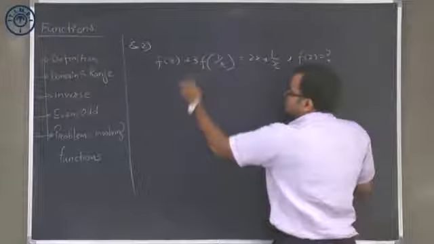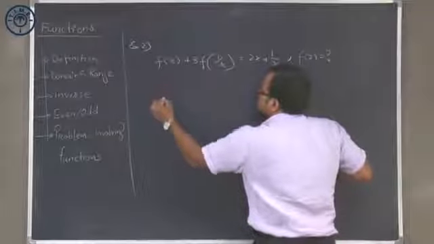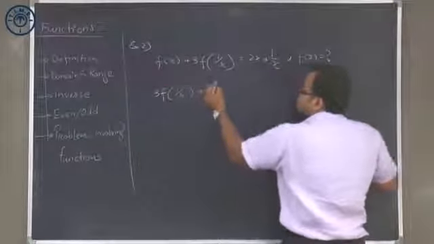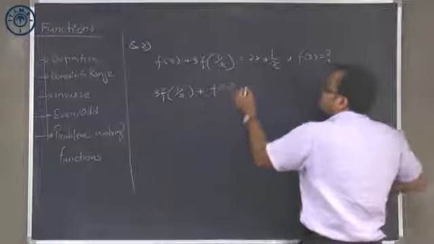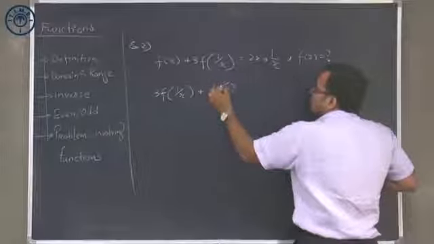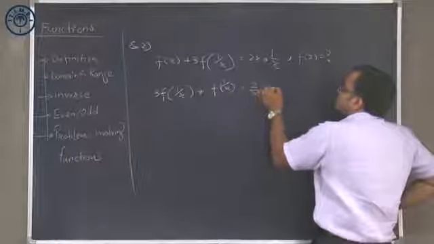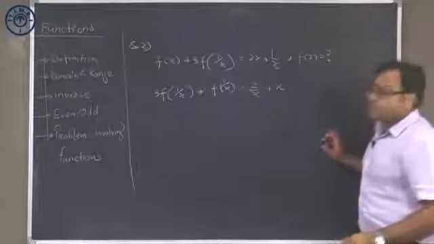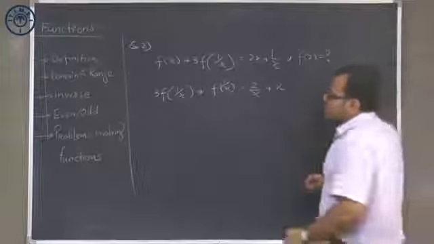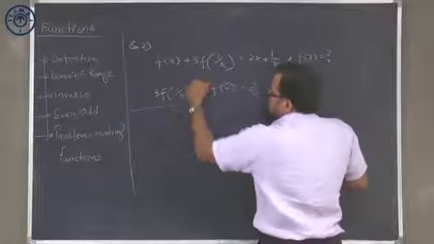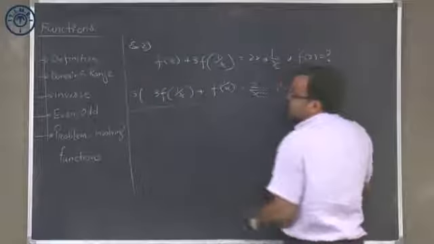So replacing x with 1/x, I will get 3f(x) + f(1/x) = 2/x + x. Because I am interested in f(x), I will multiply the second equation by 3 and subtract the first equation.